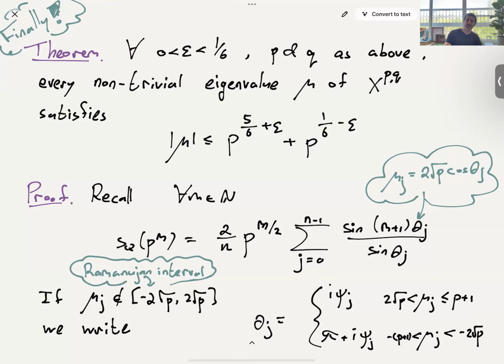Every non-trivial eigenvalue of the LPS graph X is bounded not by 2 square root of p. I mean, it does, but the theorem doesn't say 2 square root of p as we want. It gives you this bound, this is kind of negligible, but it gives you this bound of p to the 5/6 plus epsilon for any epsilon that you would want.